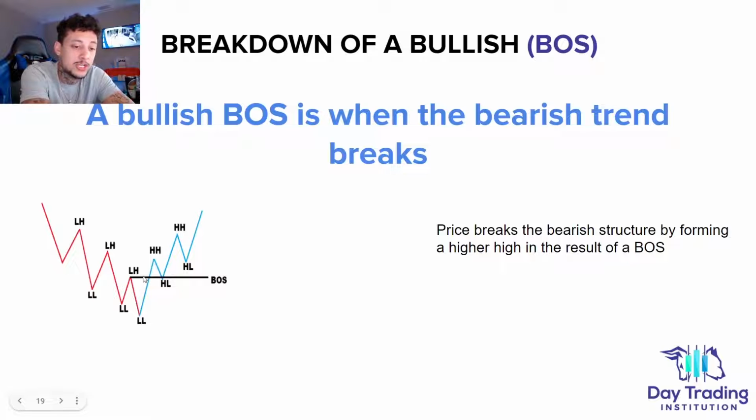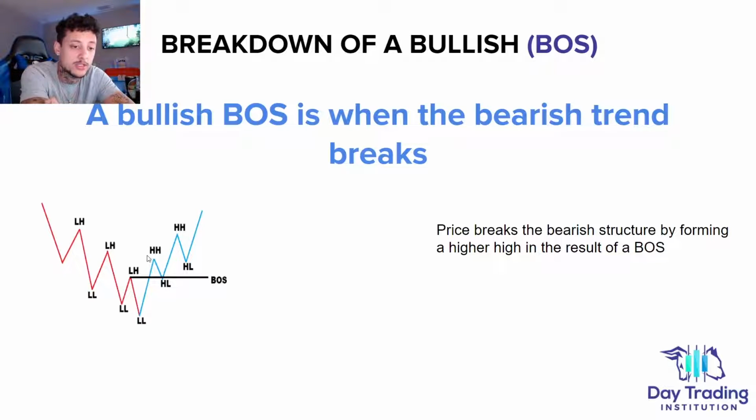Now, what changed here is price went from a lower low to a higher high. All that simply means is that price went from a lower low to a higher high, and price broke the previous lower high, right? So when price broke the previous lower high here and actually made a higher high, that is going to be considered a break of structure.